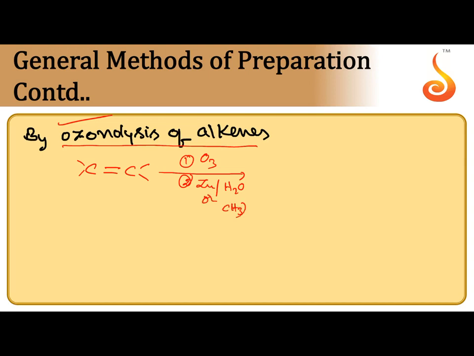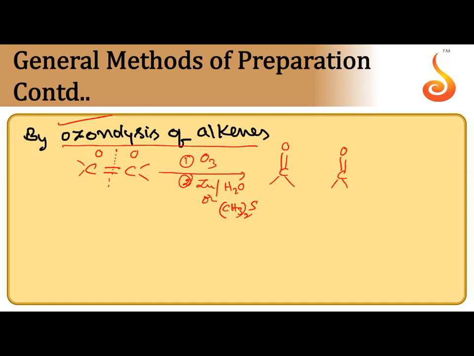Finally, you break the C=C double bond and attach oxygen to each doubly bonded carbon through a double bond. Two carbons are separated, and each doubly bonded carbon now makes a double bond with oxygen. So we get two carbonyl groups.